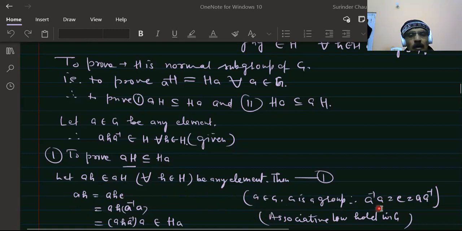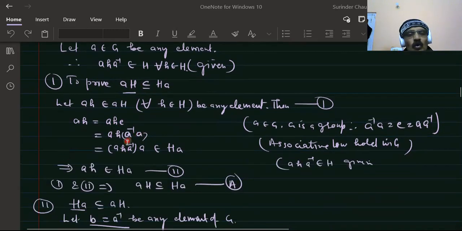Since H is a subgroup, a h into e, and e can be written as a inverse into a, which is equal to e. So what will this become? This becomes equal to, as associativity holds in a group, a h a inverse into a.